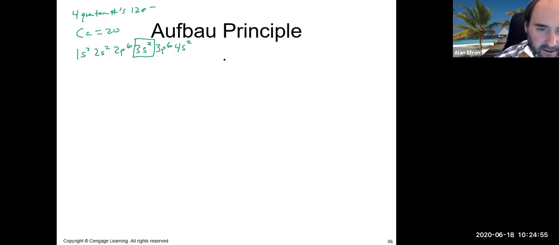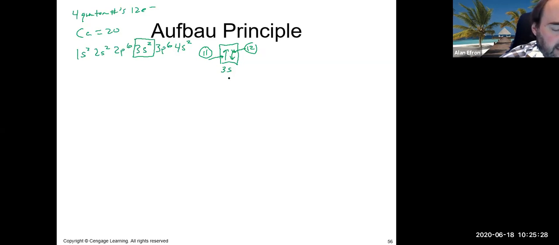And if we draw just the orbital diagram for the 3s orbital part, we see that there are 2 electrons, which would imply that they go in this way, right? That would also imply that the first electron goes in upwards, which would be electron number 11, and the second electron goes in downward, which in this case would have to be electron number 12. And that's important for our orientation.